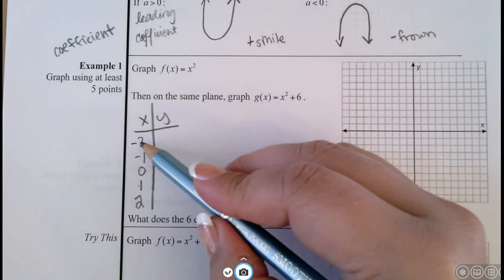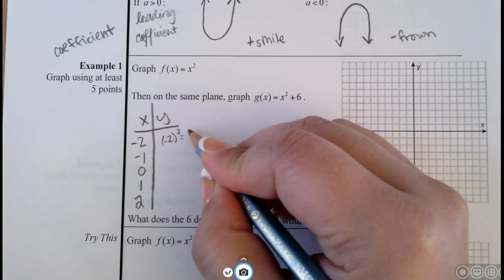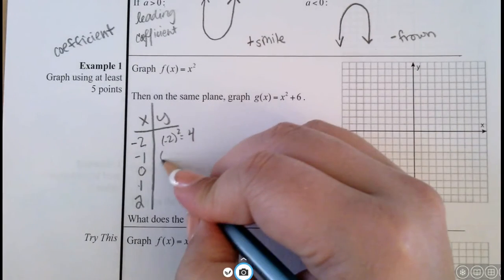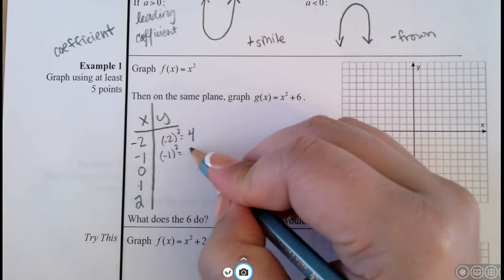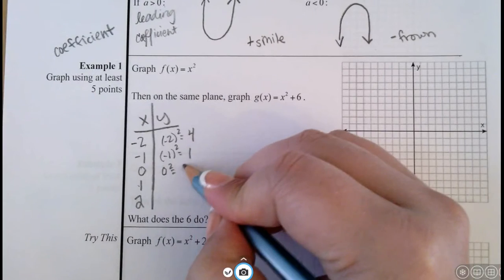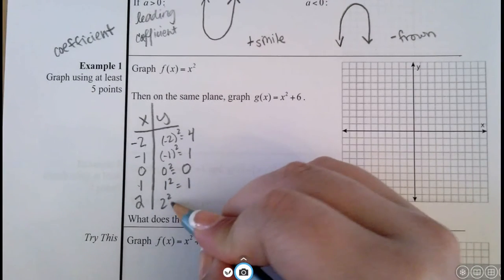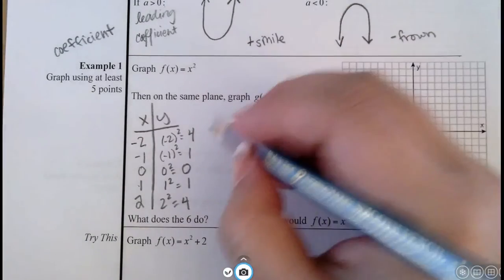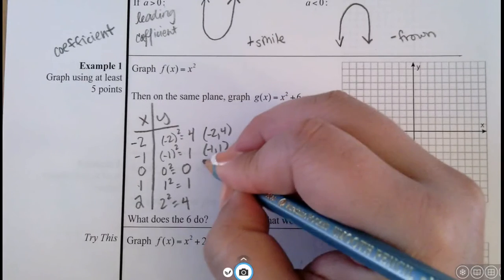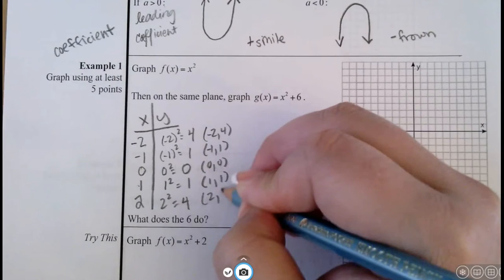Okay, if we substitute this in, we would get -2 squared, which is 4. Substitute again, -1 squared, which is 1. 0 squared is 0. 1 squared is 1. 2 squared is 4. So we get these ordered pairs: (-2, 4), (-1, 1), (0, 0), (1, 1), and (2, 4).